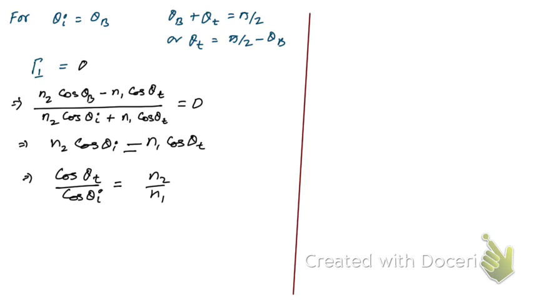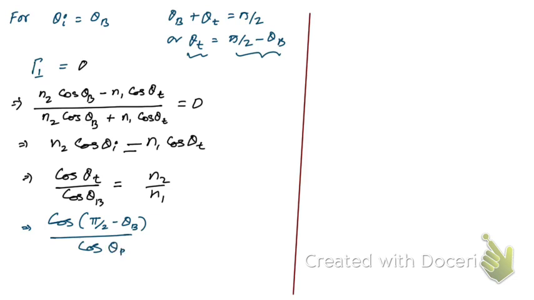So let me replace the theta I by theta b. Now we can see that theta t can be replaced by this. So cos theta t, instead of theta t you can write pi by 2 minus theta b, so by cos theta b is equal to n2 by n1, which is equal to sin theta b by cos theta b is equal to n2 by n1.